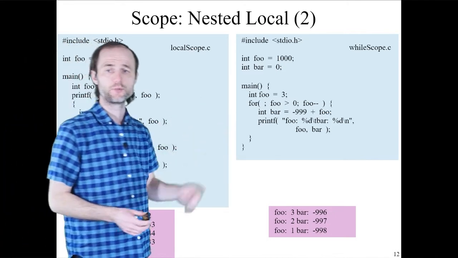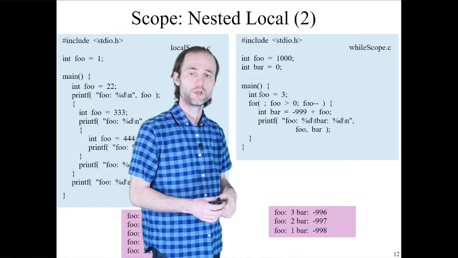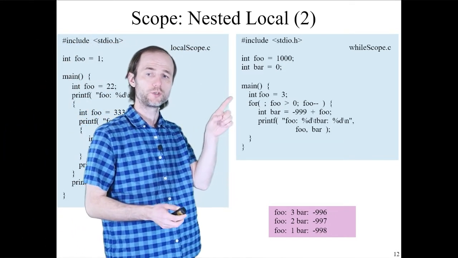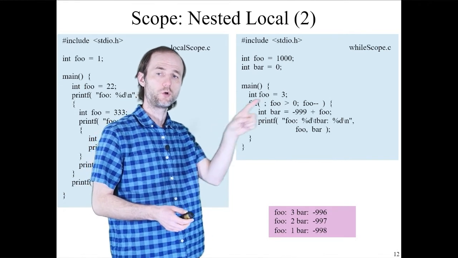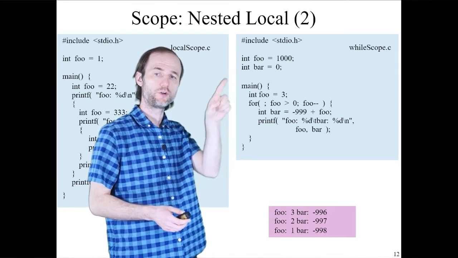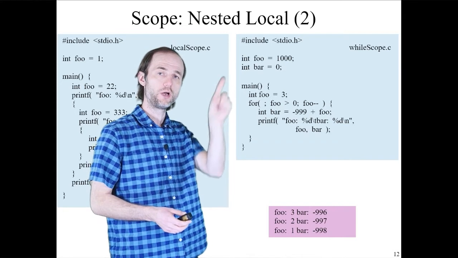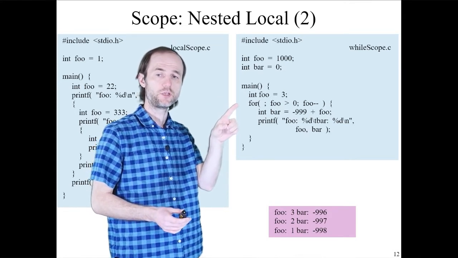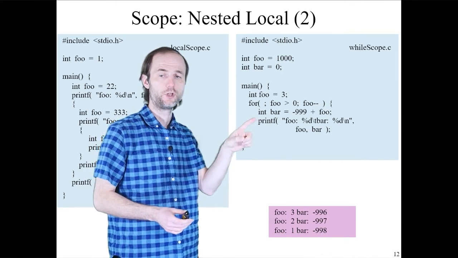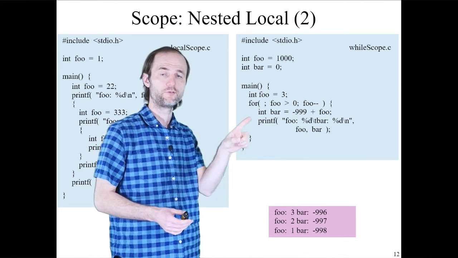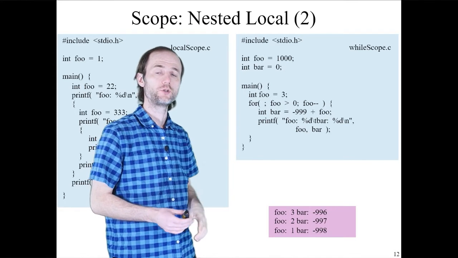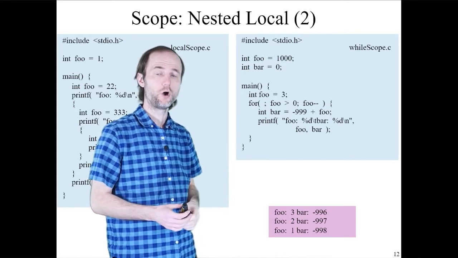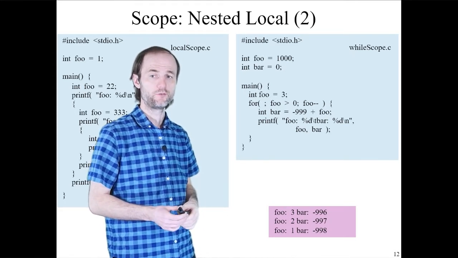Here is another example. This one involves a for loop, where you can see that the local variable foo in main will shadow the global variable foo declared before main, and the same thing will be true about the bar variable that is declared inside of the for loop scope that will shadow the global variable bar that was declared before main.